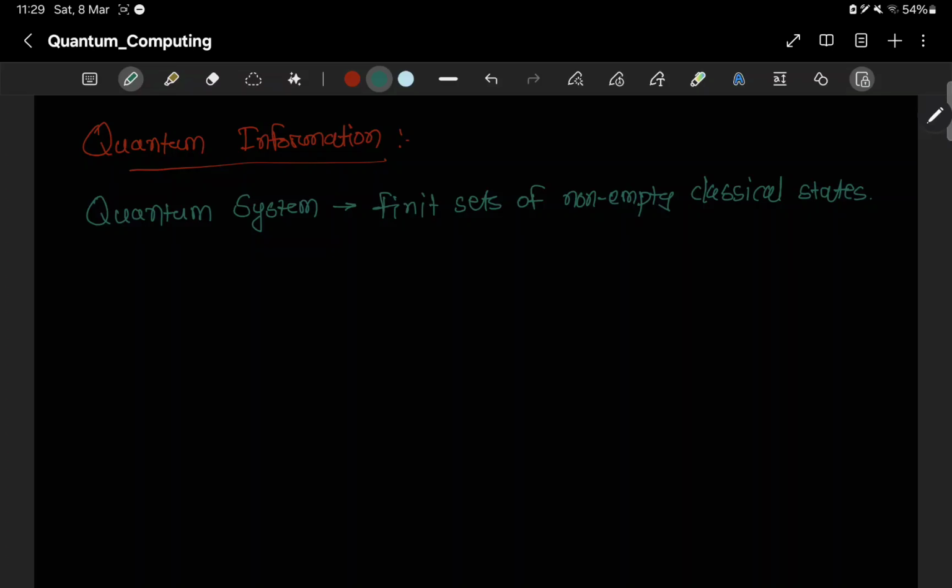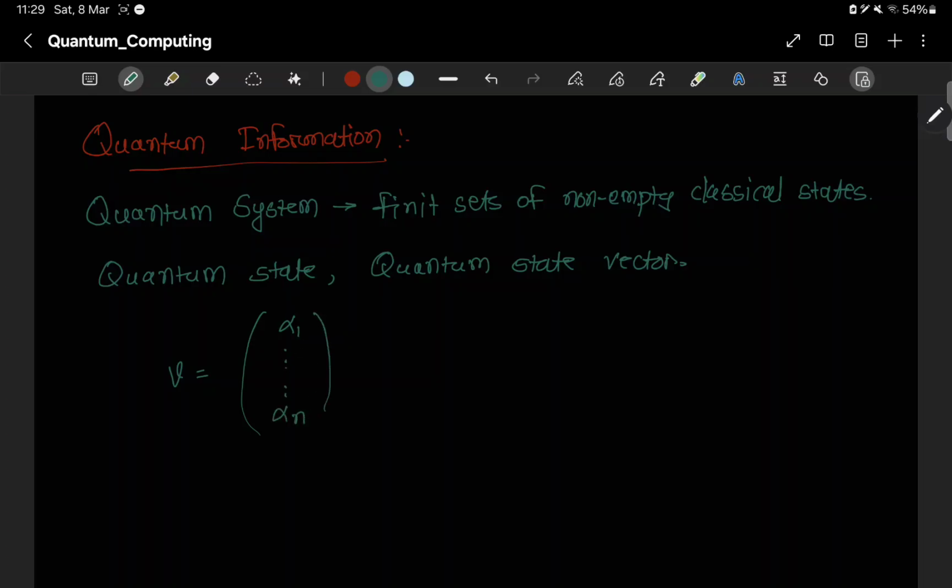and probabilistic states, we are going to use column vectors to represent this quantum system, and a particular state of a quantum system is called a quantum state, and we use quantum state vectors to represent such a quantum state. For example, let's consider this vector v, which is represented by alpha 1 to alpha n.